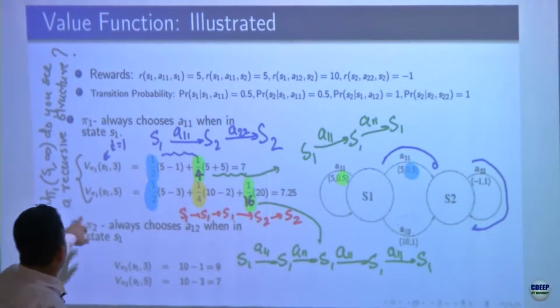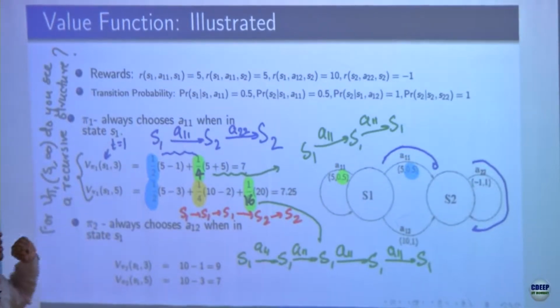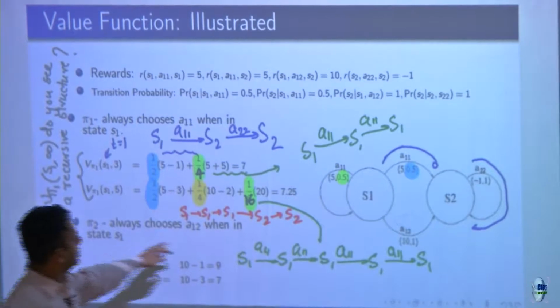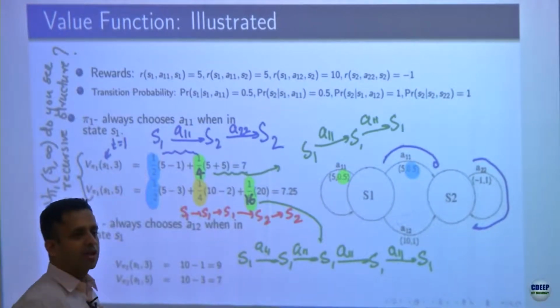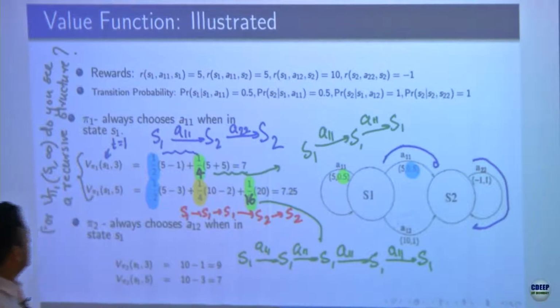Yeah, I think this is missing one term, where you walk around S1 3 times. Yes, that's missing here, right? That will be 2 S1s plus, right.